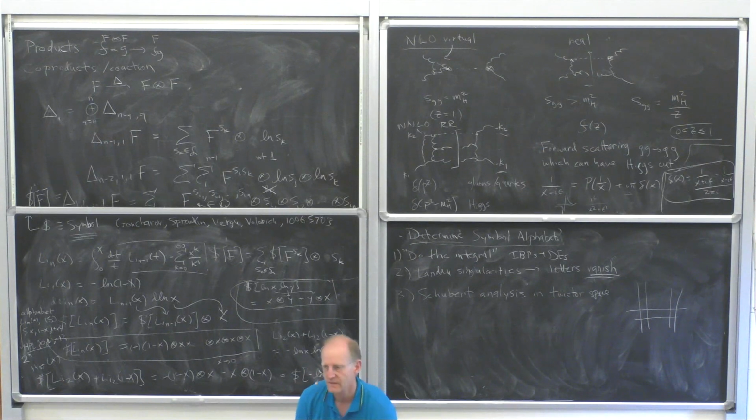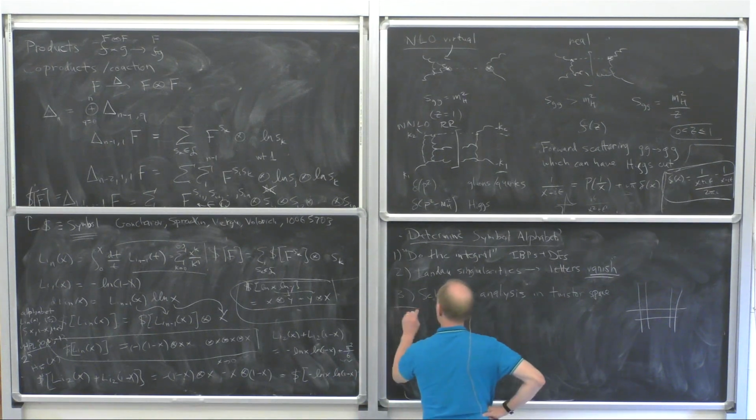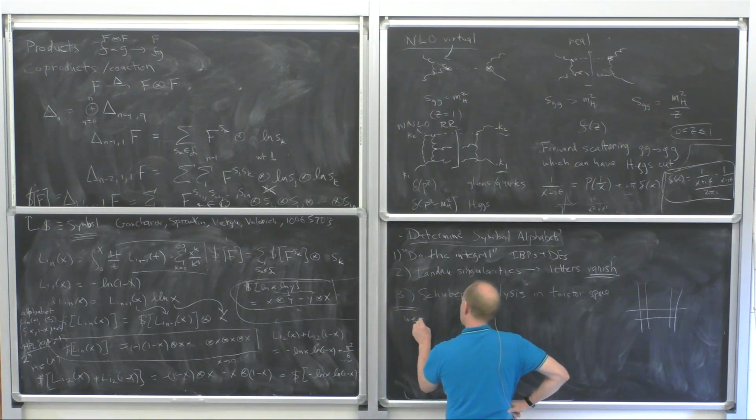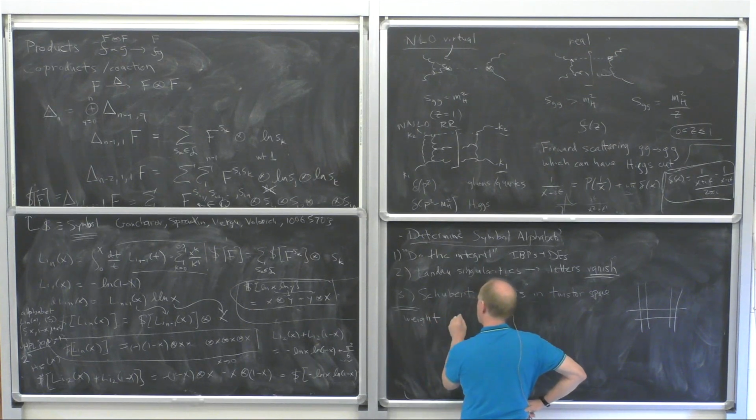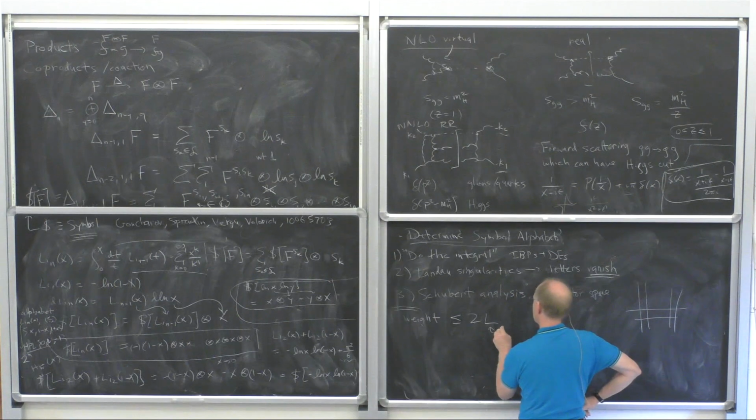Number of symbol alphabets. There is no relation between the number of symbol letters and the weight of your function. There is no relation, right? So the statement about the weight, as far as we know, the weight is always less than or equal to 2L, where L is the loop order.